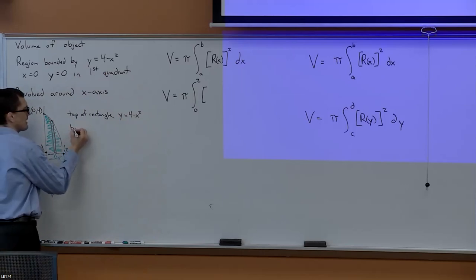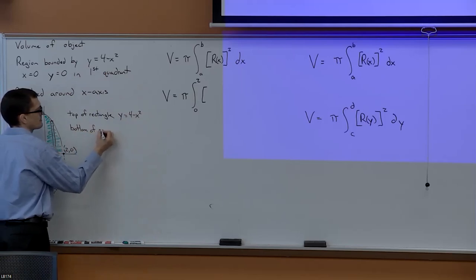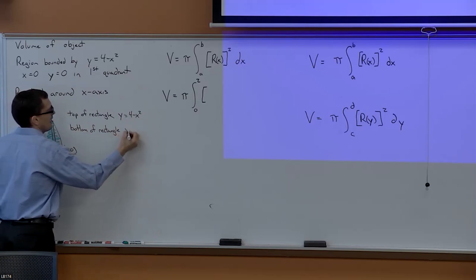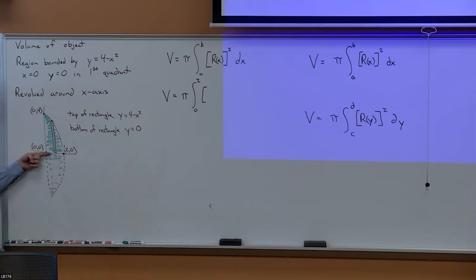The bottom of the rectangle, since I am rotating around the x-axis always, it's always the x-axis. And the equation for the x-axis is y equals 0. Right?